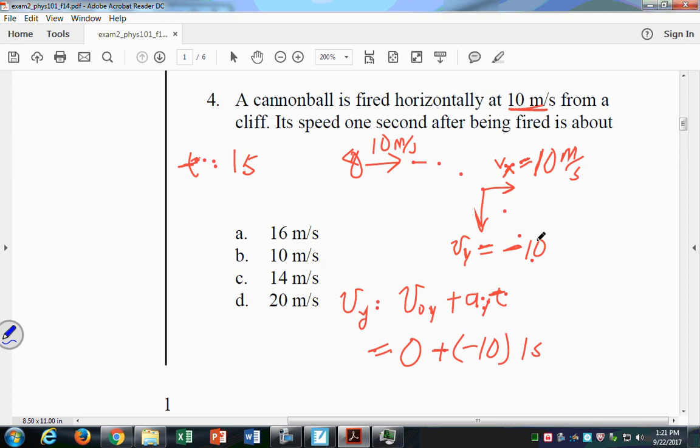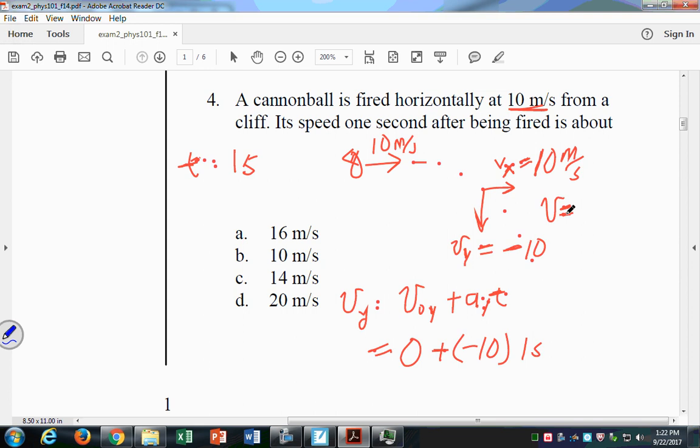How do I find the net velocity, or the total speed? What do y'all think? I have an x and a y component of my vector. If I want to know v at that time, I say v is equal to what? Vx plus Vy.